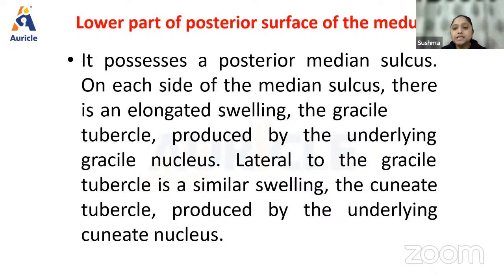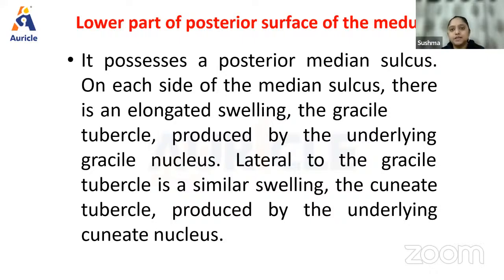So the nucleus gracilis and nucleus cuneatus, which carry the sensation of proprioception and vibration, give rise to the second order neurons of the dorsal column pathway, and are present on each side of the median sulcus. So whenever there is any damage to the medial aspect of the medulla, what sensations will be lost?